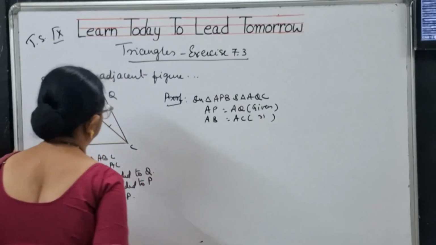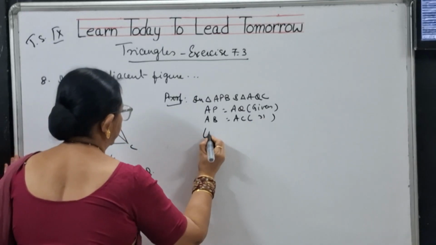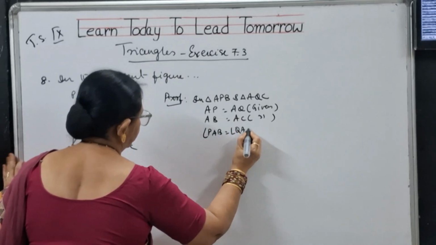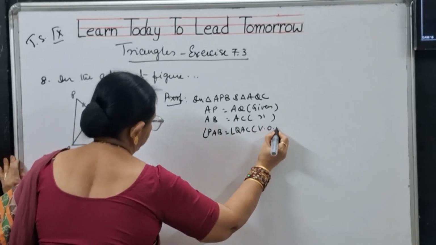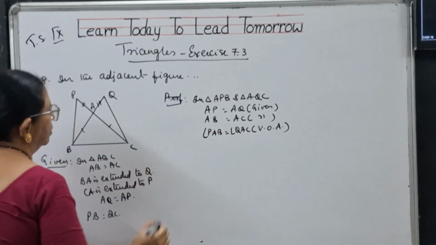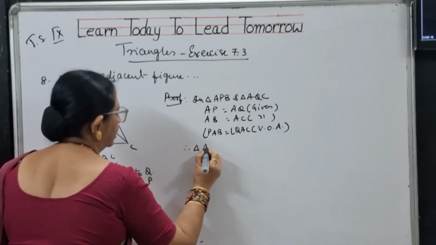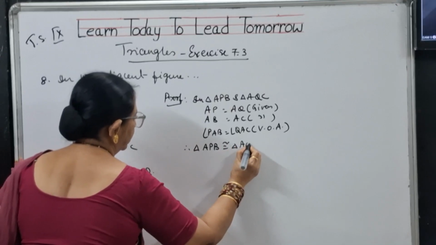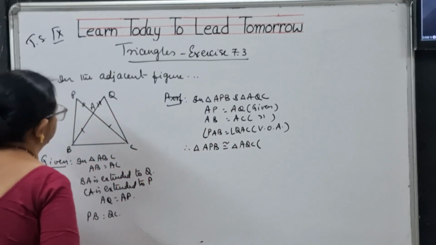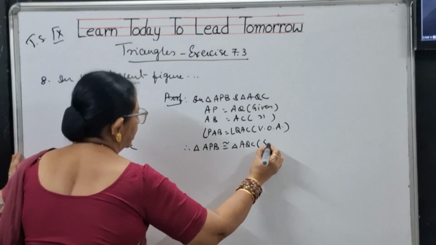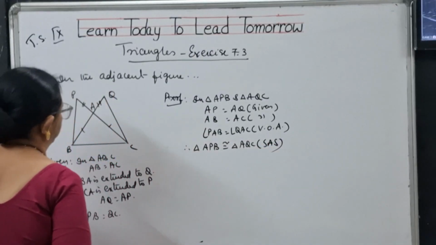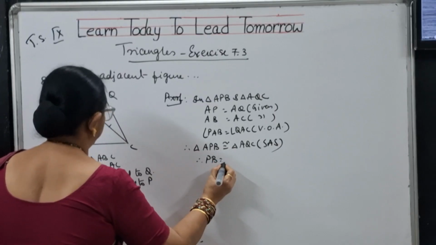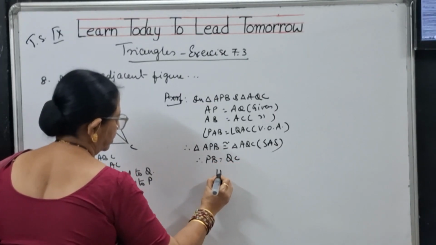This is also given to us, and angle PAB is equal to angle QAC, vertically opposite angles. Therefore, triangle APB is congruent to triangle AQC basing on side angle side property. When these two are congruent, we can say that PB is equal to QC.